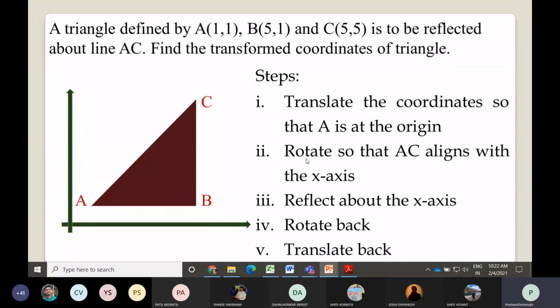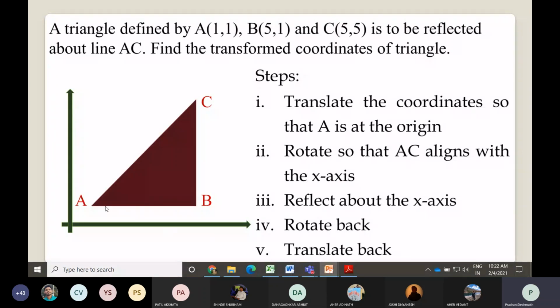Then in this step, what we have done is rotate that particular line AC back. If this angle is clockwise, so angle will be a minus value, say minus 40. So rotate back means rotate back by angle 40. This is minus 40, this will be 40.